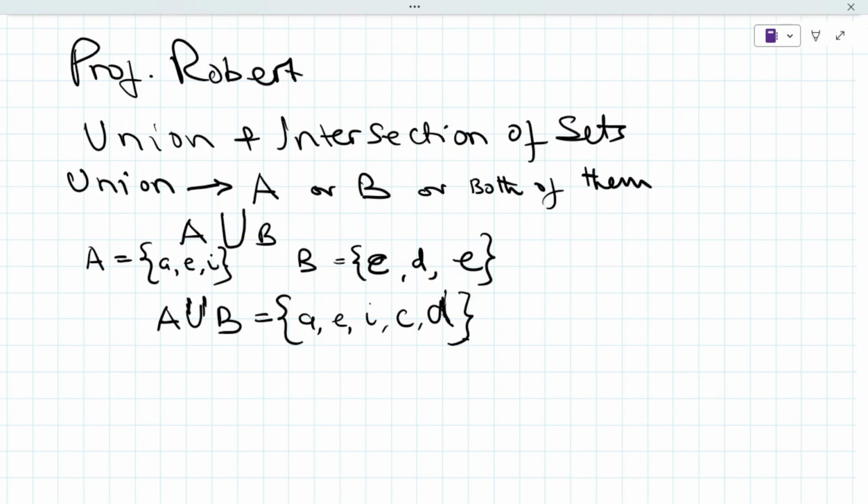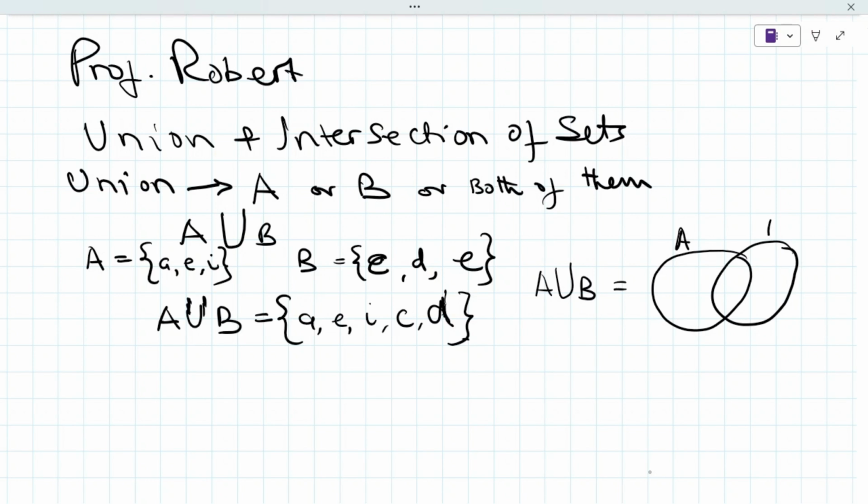And this is graphically represented as, so set A union set B will be represented graphically as this one being set A and this one being set B. In the middle here, we write what we find in both the sets A and B, and that's element E. Element E is found in both.